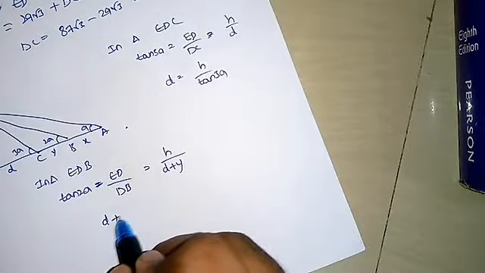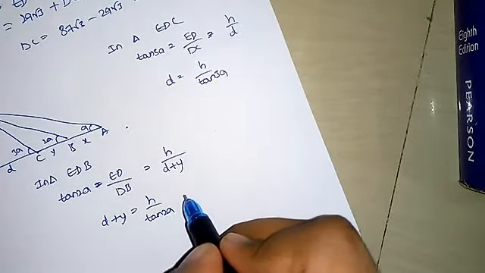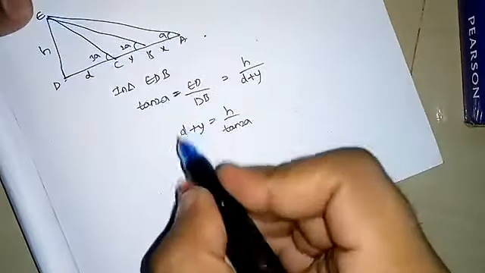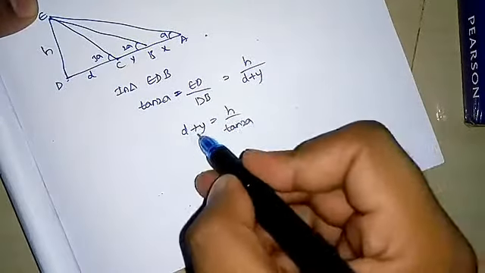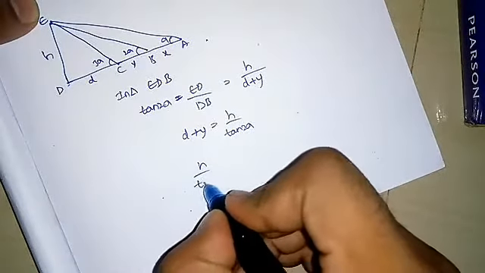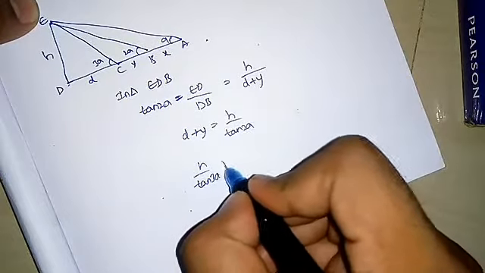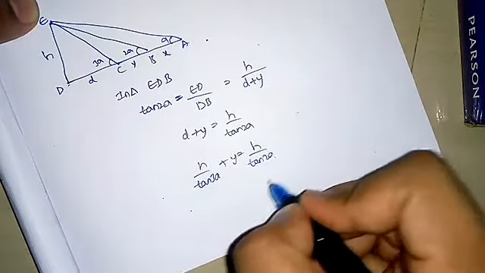So d plus Y is equal to H by tan 2A. Substitute d is equal to H by tan 3A, which you got before. So H by tan 3A plus Y is equal to H by tan 2A.